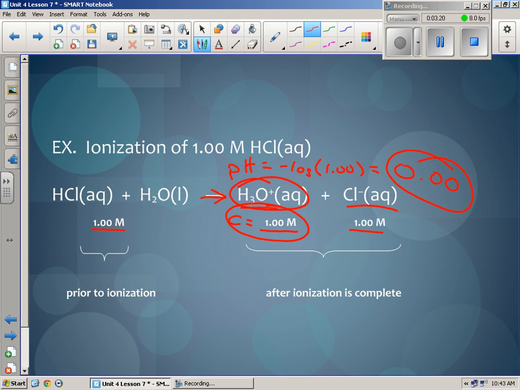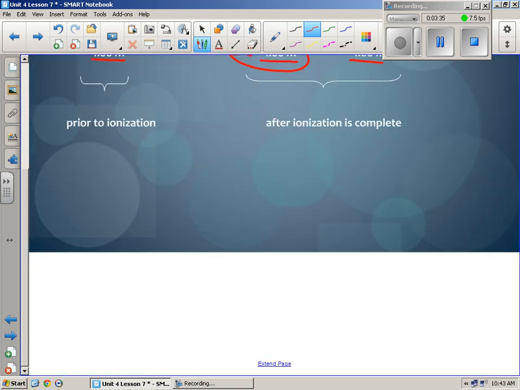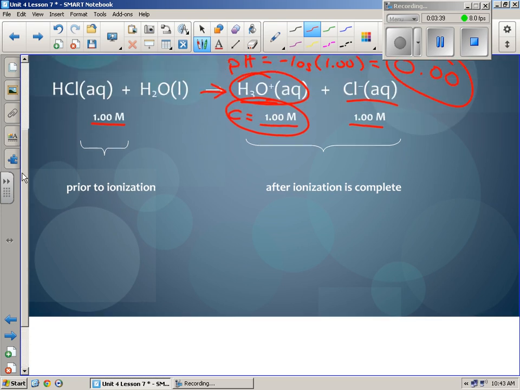So those are easy ones because the strong acids completely break up. They completely ionize, 100%. All right? Now, I did this last class and then thought maybe I shouldn't, but maybe I'll do it again. If I was going to do the equilibrium constant for this, equilibrium constants mean at equilibrium.